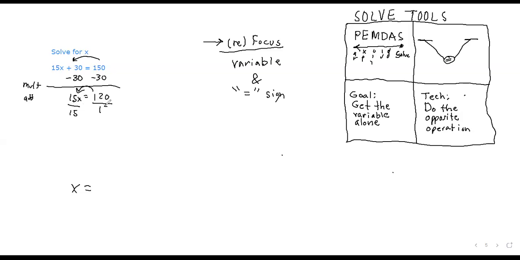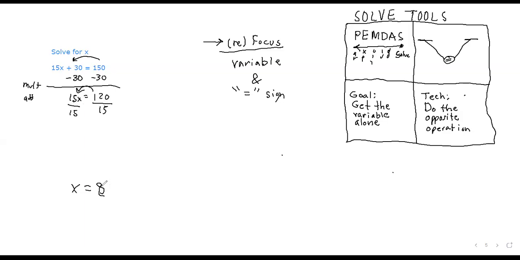So we're going to divide the 120 by 15. If we divide 15x by 15, we get 1x, or just plain x, because 1 is invisible. And then we divide 120 by 15, and we get 8. So our answer is x equals 8.